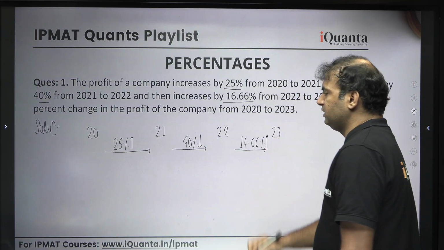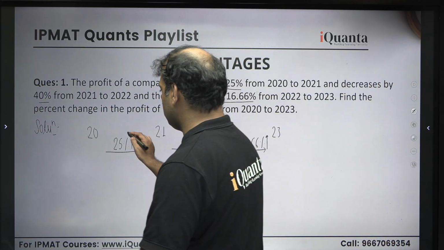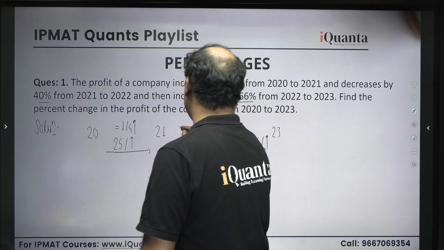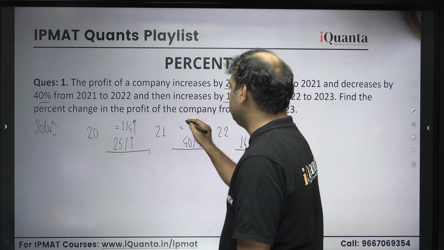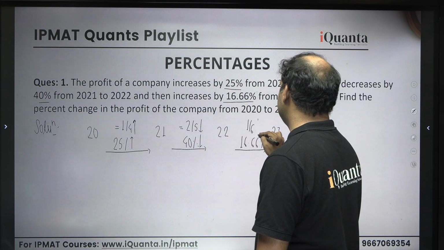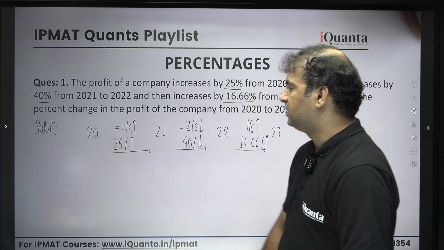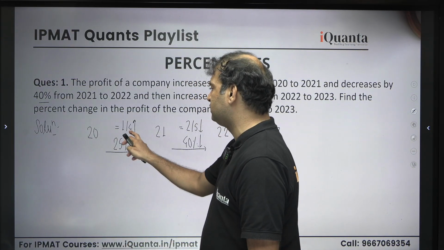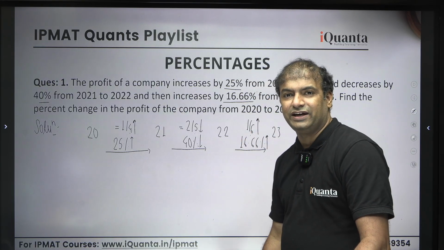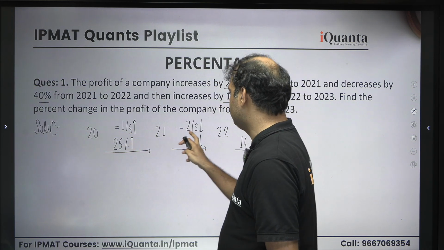So guys, 25% is actually 1 upon 4 in fraction. We all know that, right? 40% we can say is 2 upon 5 in fraction, and last, 16.66% is 1 upon 6 in fraction, right? So we should assume the initial value in such a way that it is a multiple of the denominators of all these fractions to make the calculation easy. The denominators are 4, 5, and 6.